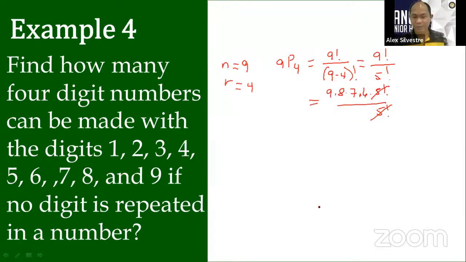So anong nakukuha yung sagot dyan? Ang common na binigay nyo sa akin is 3,024. 3,024 will be served as your final answer. So yan ang input natin that will be served as your final answer. Gets po ba? Naintindihan yung nasa problem number 4 natin?